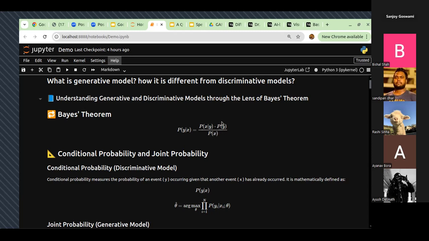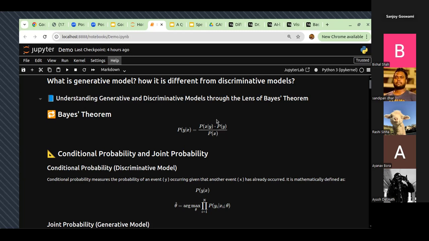And when the whole data set is given to you, then you have access to the probability of X given Y. That means a table will be given to you, say for example, X and Y. You are expected to learn the probability of Y given X, but you also have the information of the probability of X given Y, the probability of Y, and the probability of X.